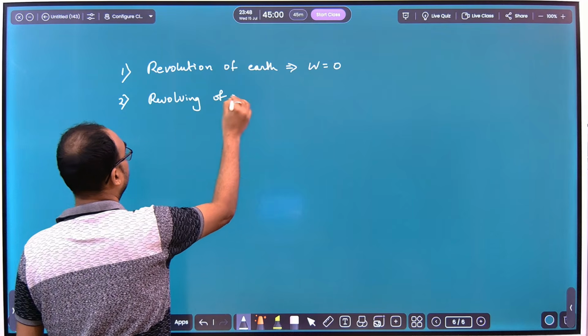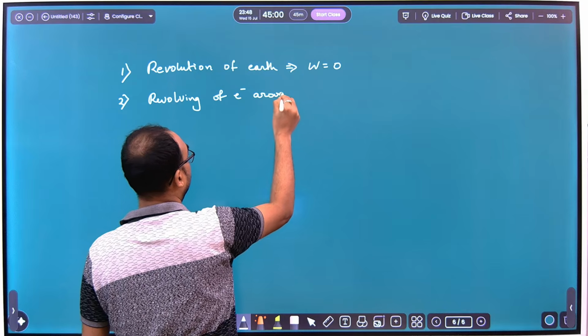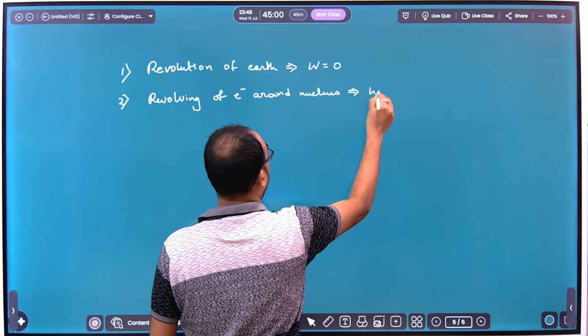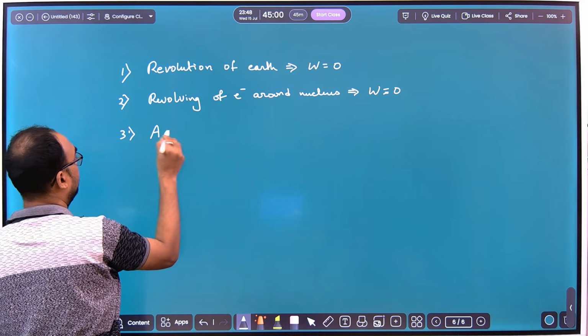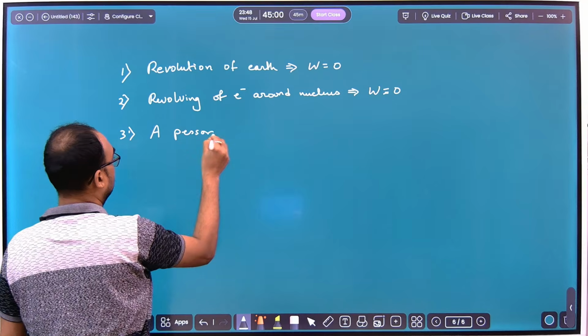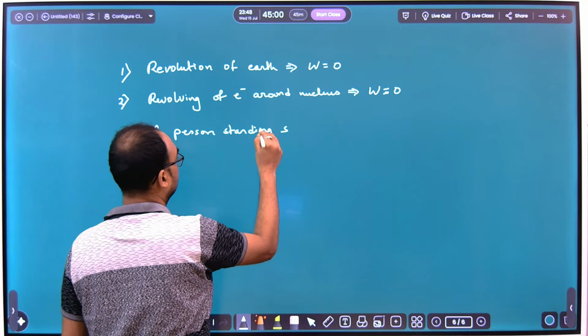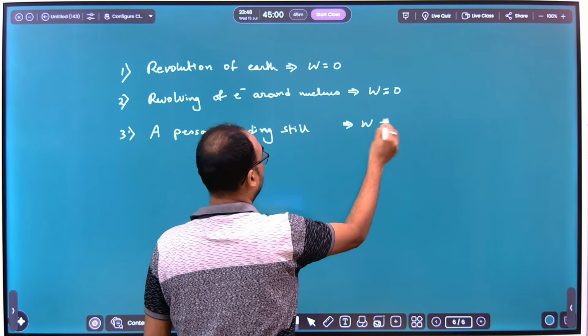Revolving of electron around nucleus, work done 0. A person standing still means he is not moving, work done 0.